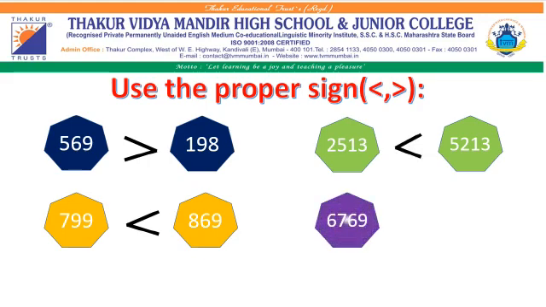The next example, 6769 and 5169. Here the greater number is on the left hand side. So the crocodile's mouth will be open towards 6769. Students, keep these two rules in your mind and it will be easy for you to use these signs properly.